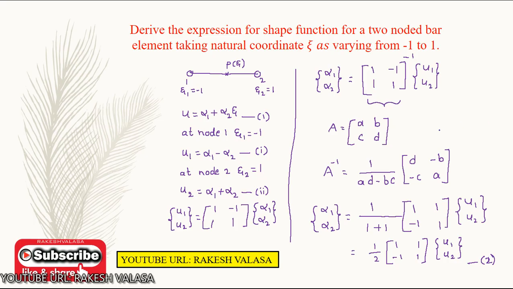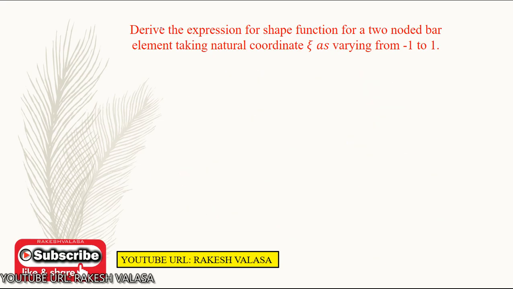From equation 1, u equal to alpha 1 plus alpha 2 zeta. Now write in matrix form, 1 zeta into alpha 1 alpha 2. Now substitute equation number 2 in this equation number 1.